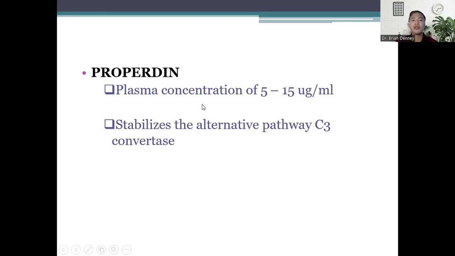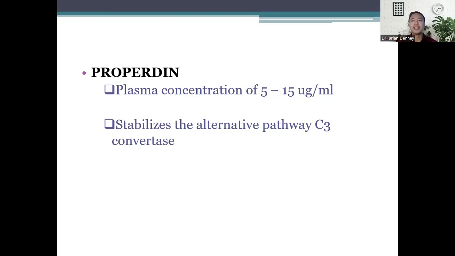Now, addition of your properdin to the C3 convertase forms another complex we term as C3bBbP, P for properdin. So we call it stabilized C3 convertase. So do not worry, I'll show pictures later.